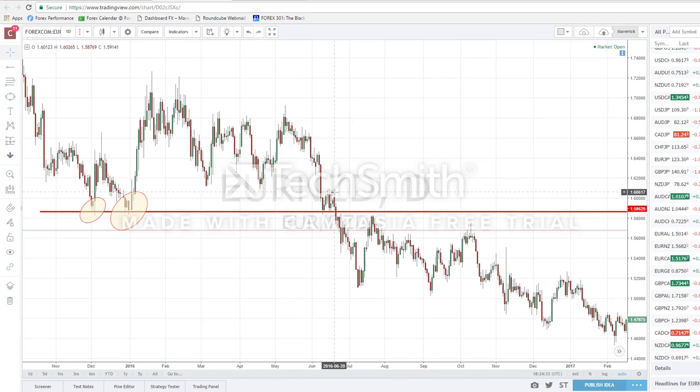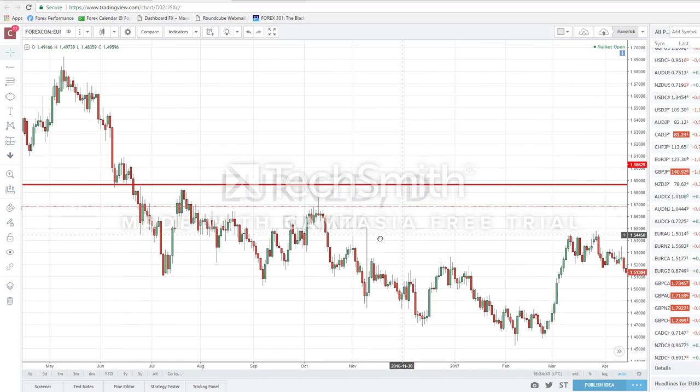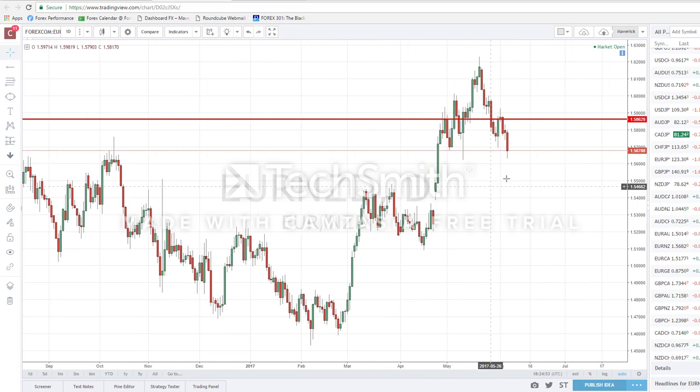So price came up. What do we have here? Strong candle move, broke it. What did price do? Came right back up to retest it, and now we have it established as resistance. Look at that. If we come back to now, price responded to it again here, and then it broke through and turned into a little bit of a messier area, but you can see it's still responding, still reacting.